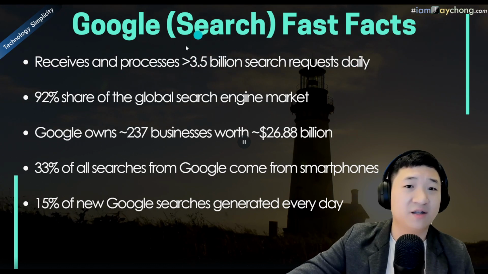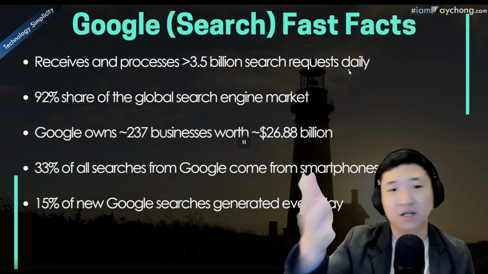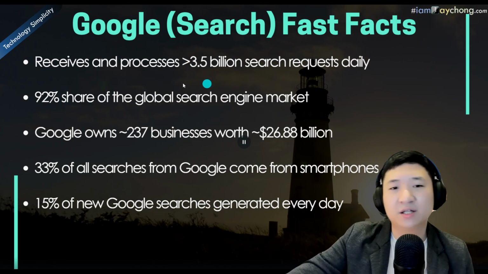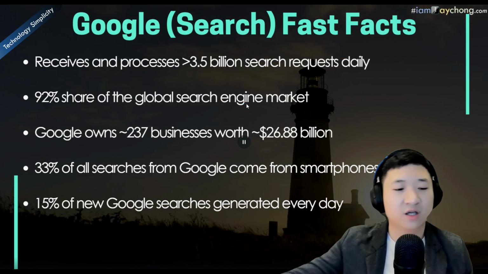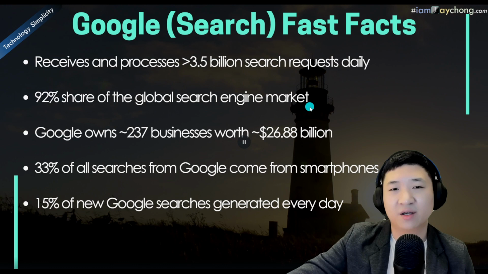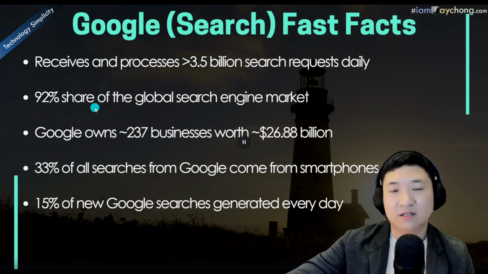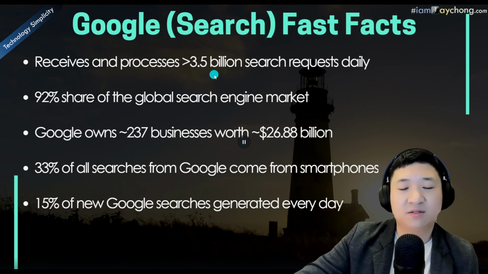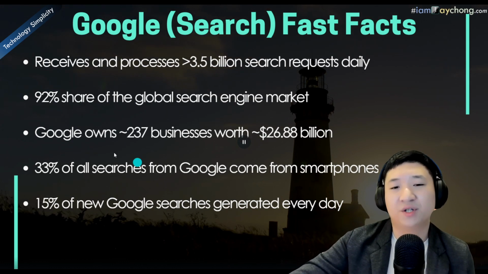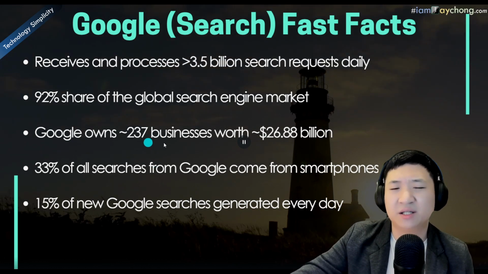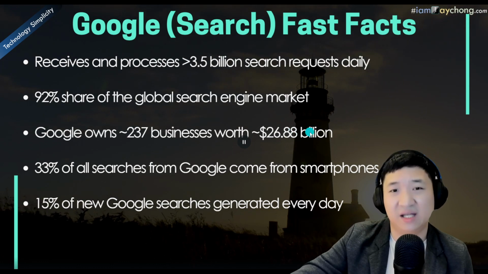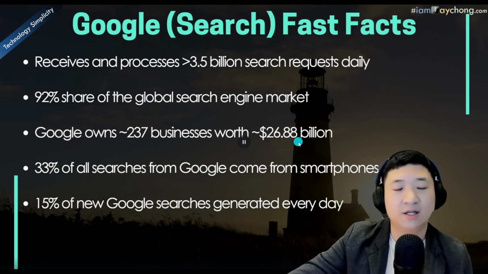If you divide by 24, you do the math, you're better than me. Then globally, the whole earth, Google's share of the search engine market is more than 90%. 90%, ladies and gentlemen. And Google owns about 237 businesses, including YouTube, worth $26 billion. This is in dollars.